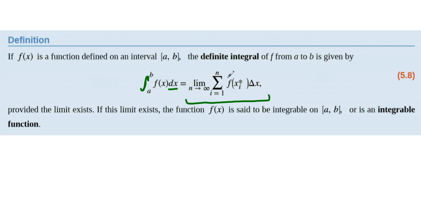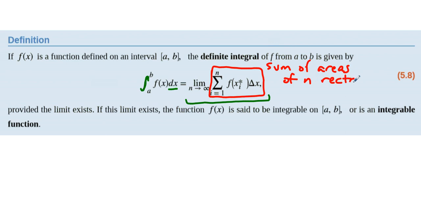So this part right here is the sum of areas of n rectangles. And these were the rectangles that we made up where the height of each rectangle is given by some function value. Any function value on the interval is fine. And this is the width of every rectangle. These are the little delta x's as we go.